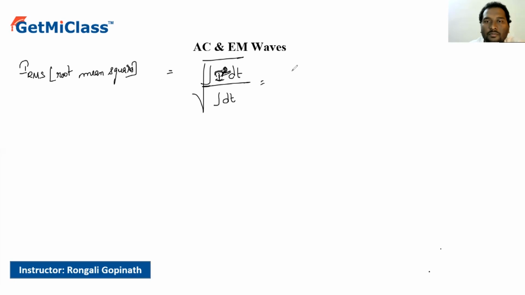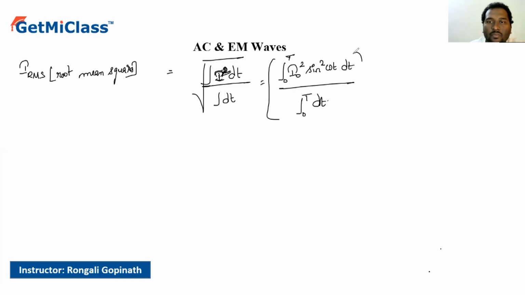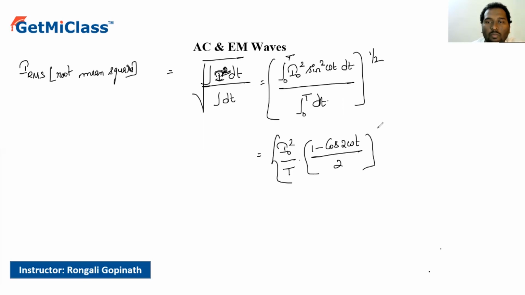So it becomes I naught square sine square omega t dt from 0 to T divided by integral 0 to T dt, whole power half. That is I naught square by T into sine square omega t, which can be written as 1 minus cos 2 omega t by 2, whole power half.